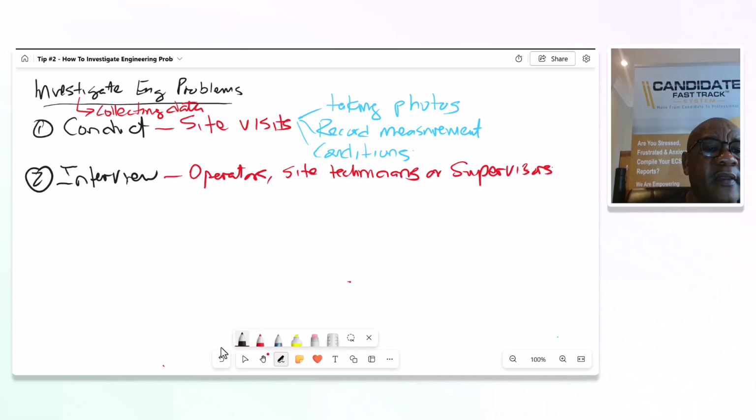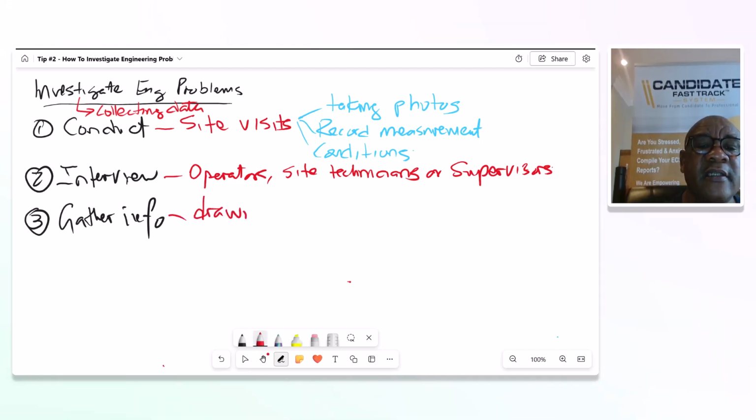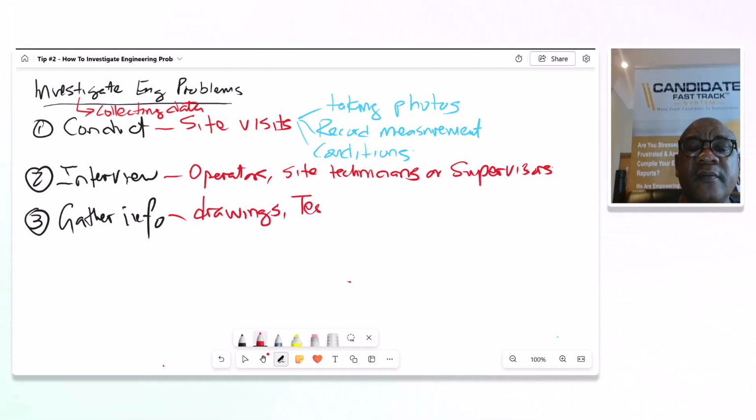The third thing is where you gather information. What kind of information do you gather here? You gather drawings. If there are drawings, you can ask the clients for previous drawings. You gather test reports. Don't worry as I'm looking on the side, because I've made some notes there.